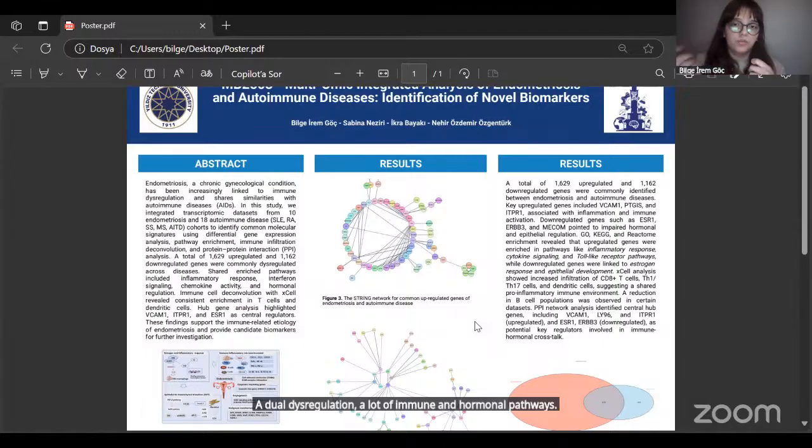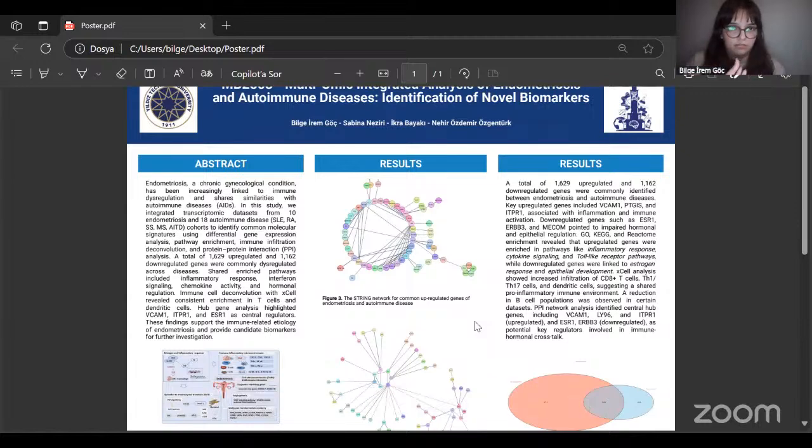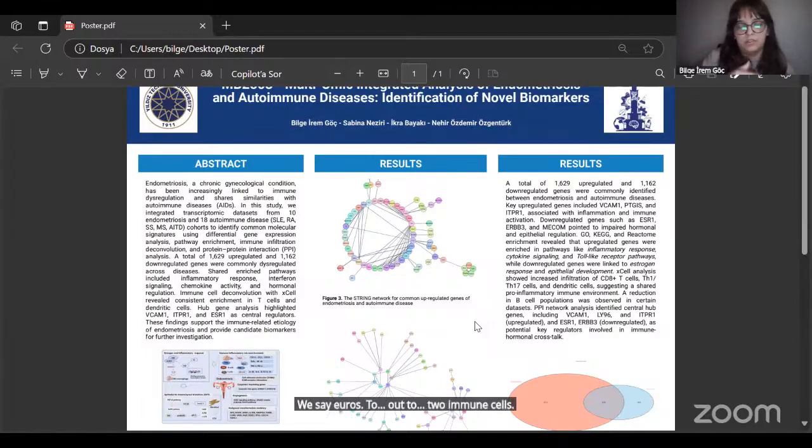After that, we used xCell infiltration to detect immune cells and define the levels of immune cells according to conditions.